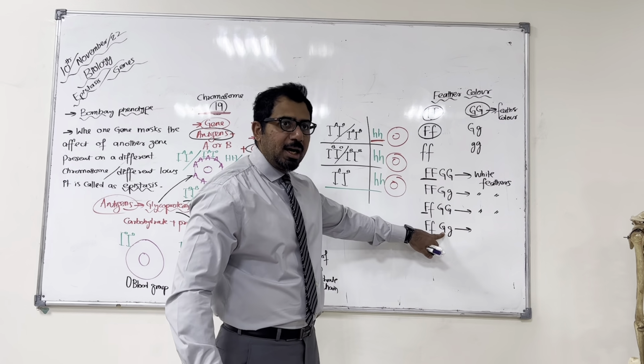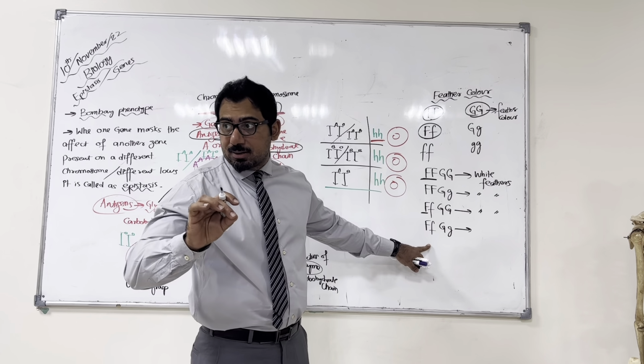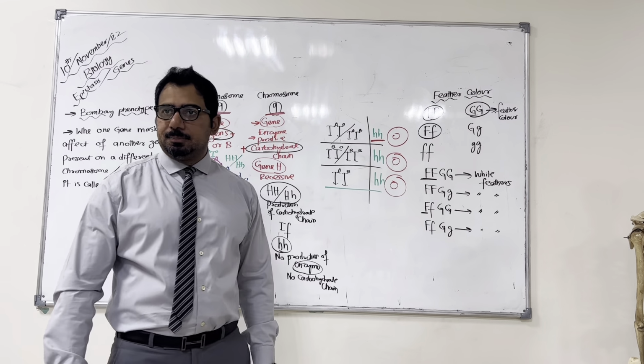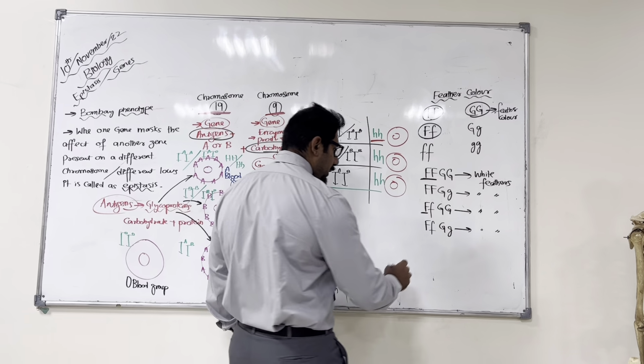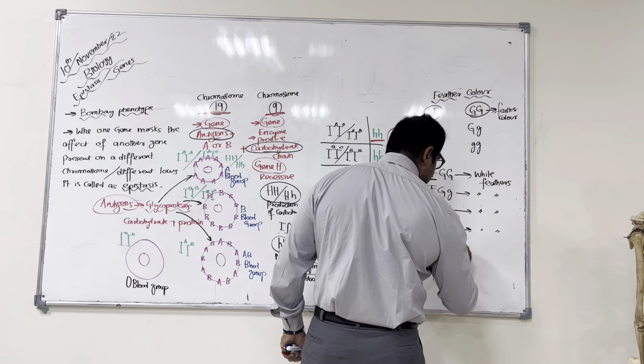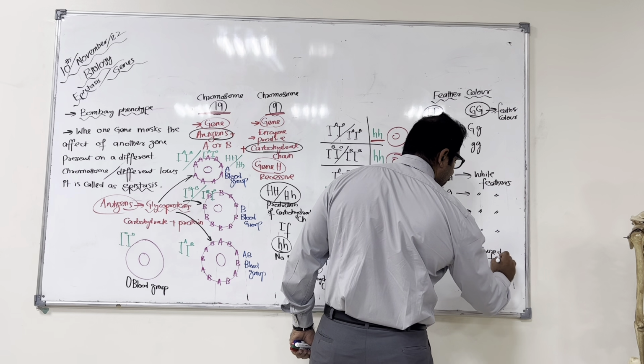Still, there is one dominant allele for the one which is masking the effect, so it will be white color. But if it becomes small f, capital G, then it will be colored feathers.